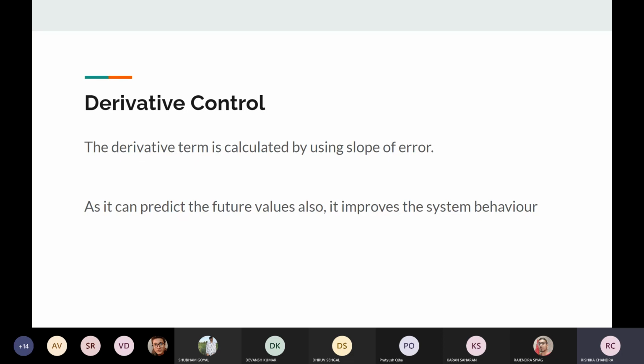If the slope is positive, then the derivative control will counteract it and try to make it negative. If the slope is negative, then the derivative controller will try to make it positive, thus balancing it and taking it to the steady state.